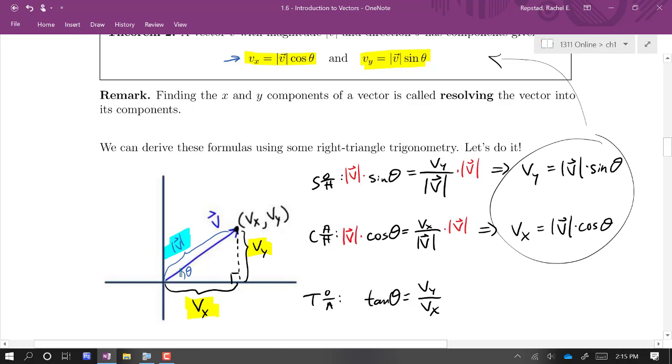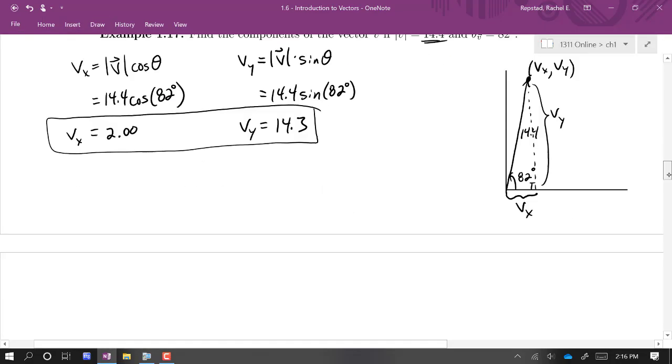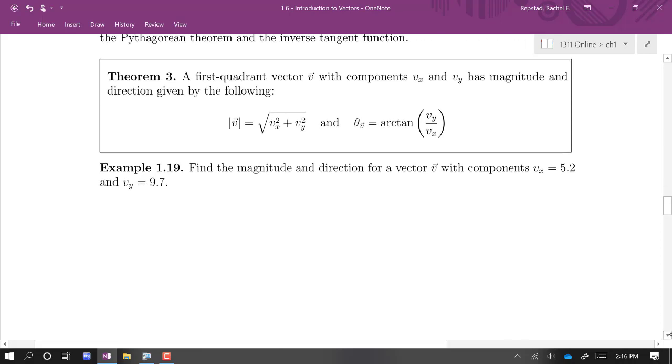And we can find theta by using this fact right here: tan theta is Vy over Vx. So we can use the arctan function. And that's what we have here in Theorem 3. So in example 119, we're going to find the magnitude and direction for a vector that has components Vx equal to 5.2, Vy equal to 9.7.